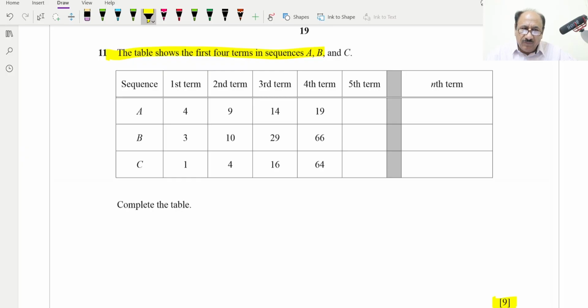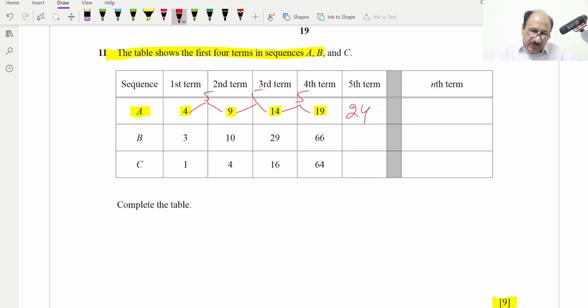Now first, this is provided, these terms 4, 9, 14 and 19. So we can check for the difference between these. We will be adding 5, adding 5, adding 5. If we add 5 to 19, it will be 24.